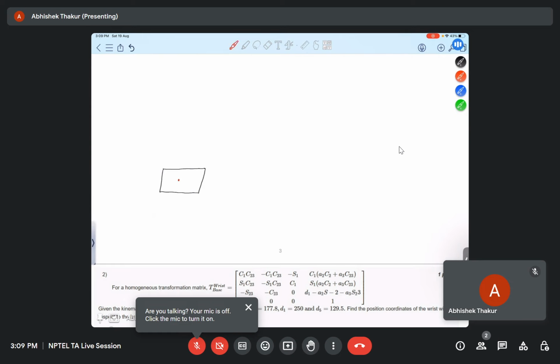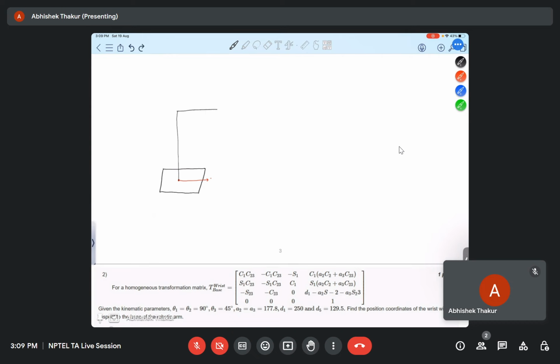So that is given as the x naught axis. Before that, let's make the joint. So these are the two joints, and this is our tool tip.